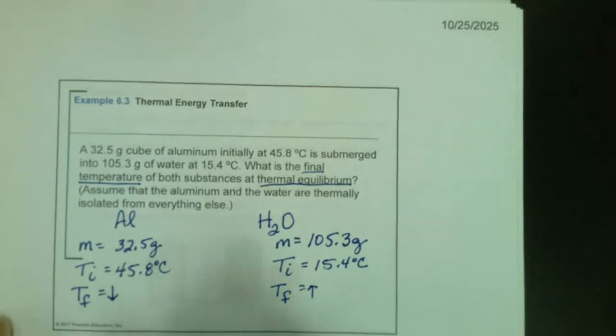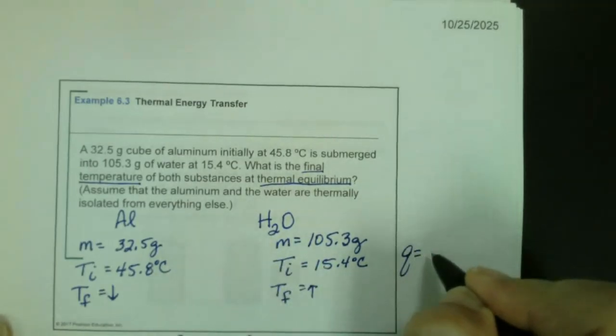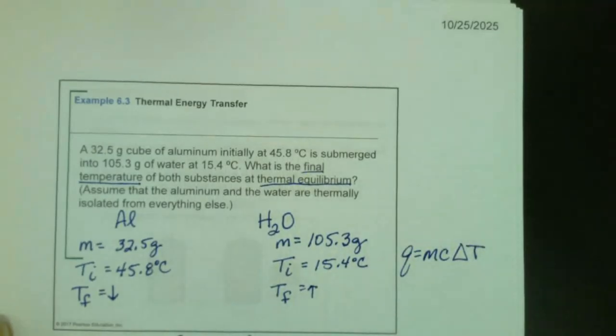Now it says that the Q that the metal releases is equal to the Q that the water takes in. Well, we know that Q is equal to MC delta T. So we need C for both of those.